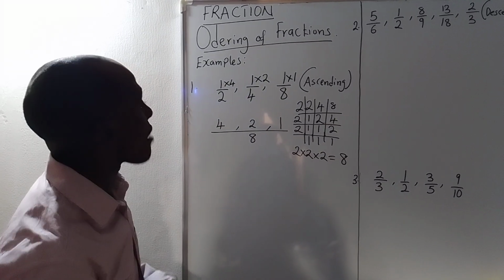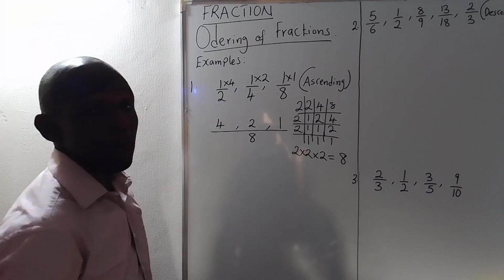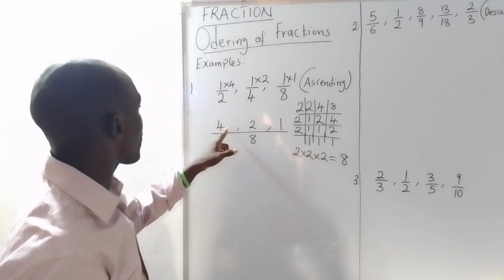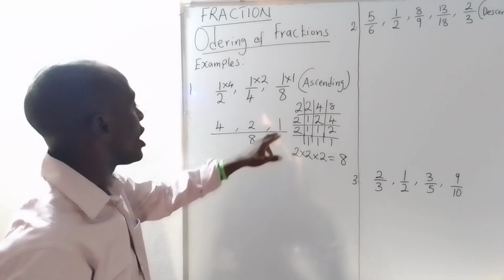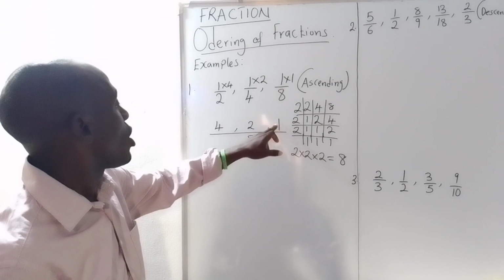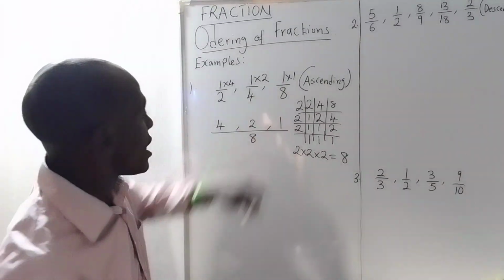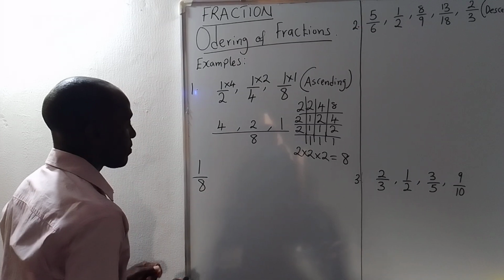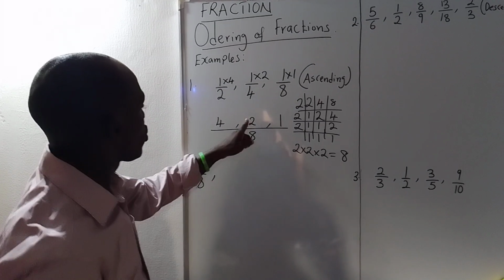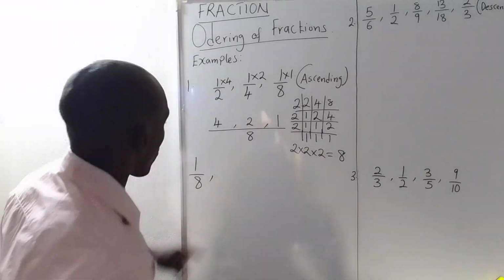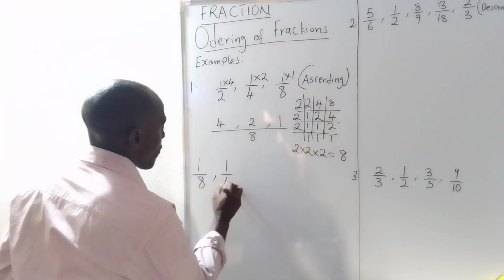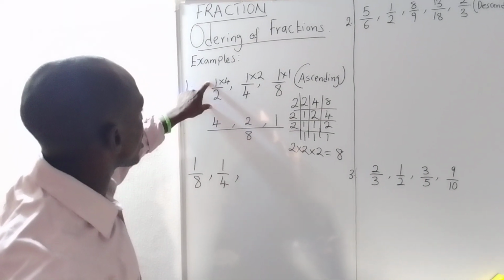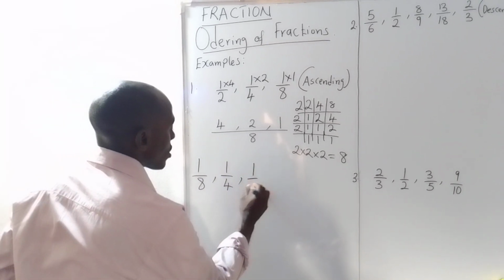Remember the question says we should arrange it in ascending order, that is from the smallest to the biggest. Looking at the numbers that we have here, we have 4, we have 2, we have 1. The smallest number here is 1. This one came from where? 1 over 8. So 1 over 8 is the smallest among them, followed by 2, which came from 1 over 4, and then the last one is 4, which came from 1 over 2.